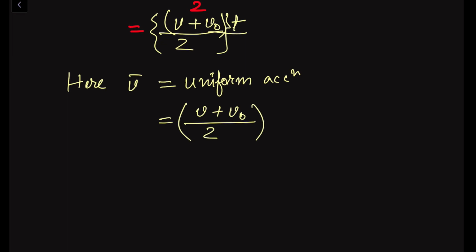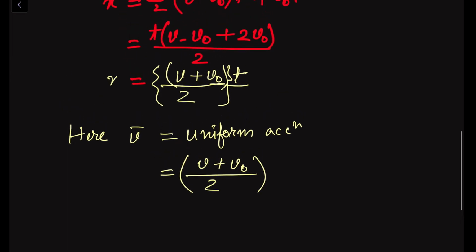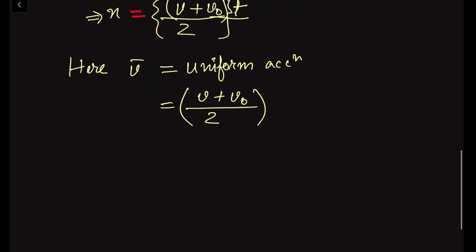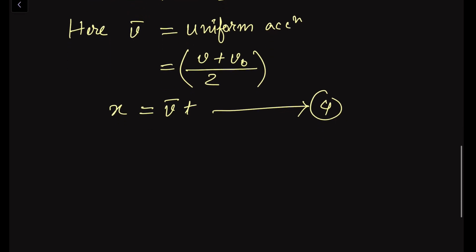If we put this value in this equation, we'll get x is equal to V bar into T. This is, suppose, the fourth equation. Now if we replace V bar with this value, what we'll have?